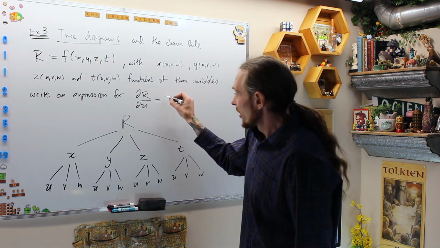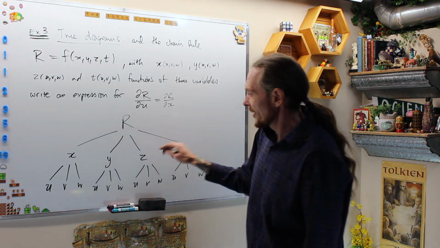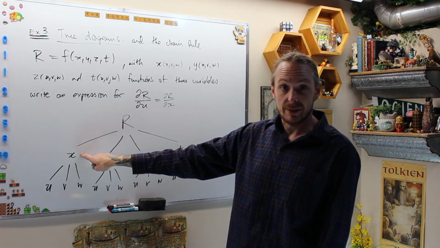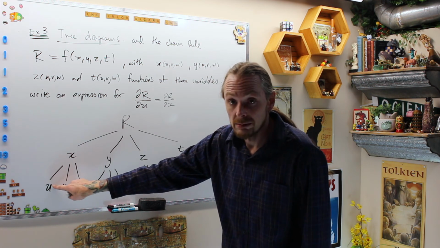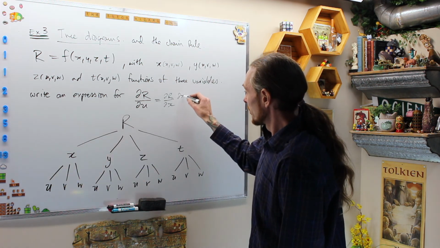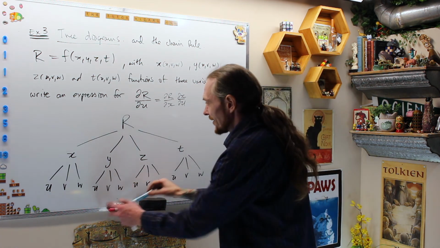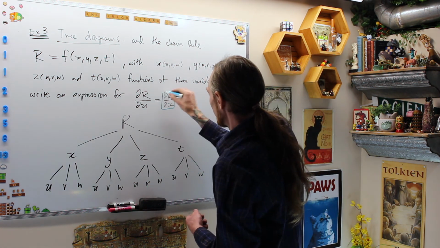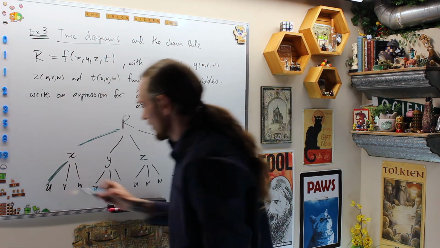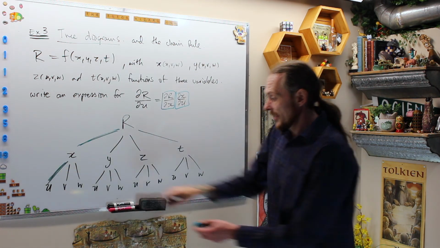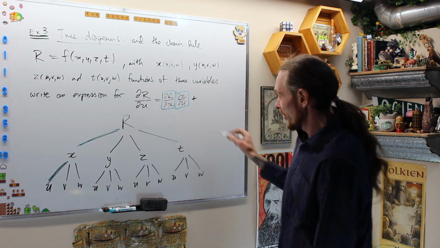So this is going to be the partial derivative of r with respect to the first variable x, or dr dx, says the tree. And then times what? dx du. What does that say? That says these guys came from this scenario. Now you can see where I'm going to go with that. Plus I'm going to get 3 more terms.